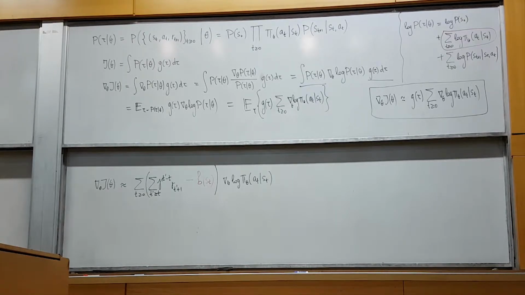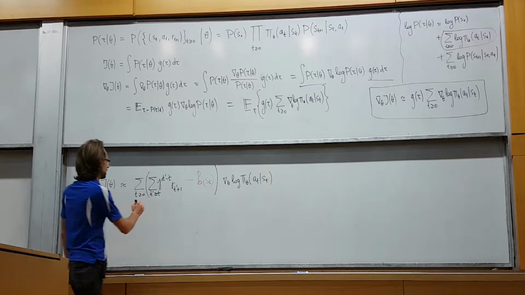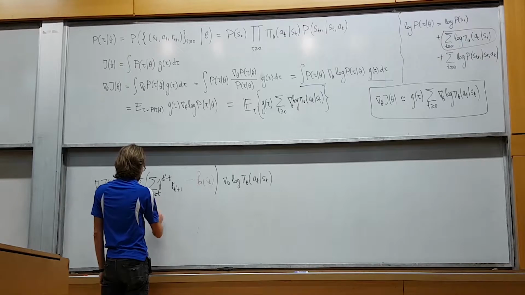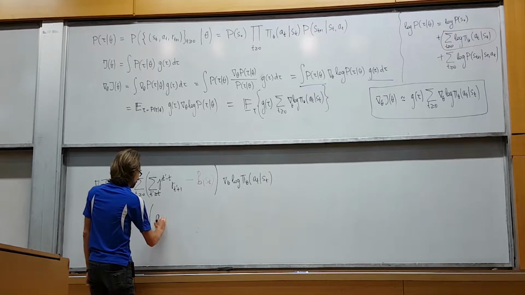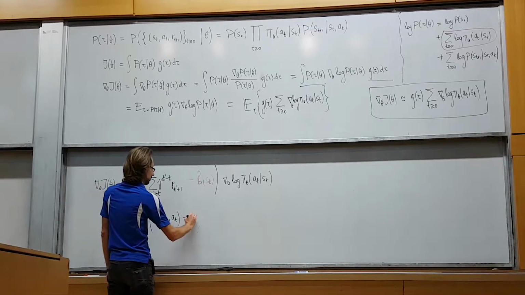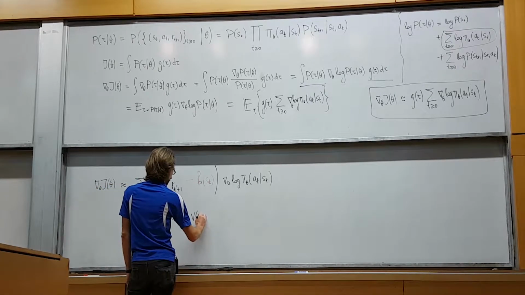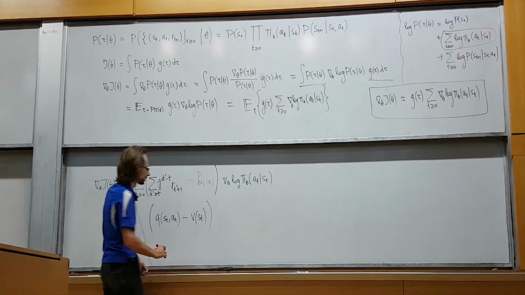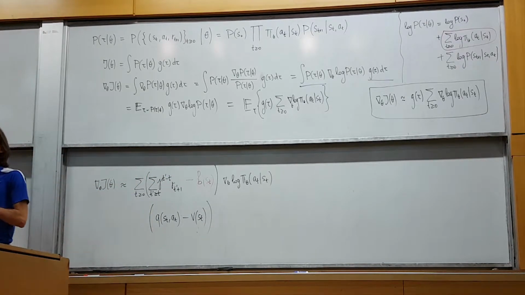I would like to write the difference between the Q function and the V function, right? The action value function and the state value function. So instead of writing this, I would like to write Q ST AT minus V ST. This is usually called the advantage function.